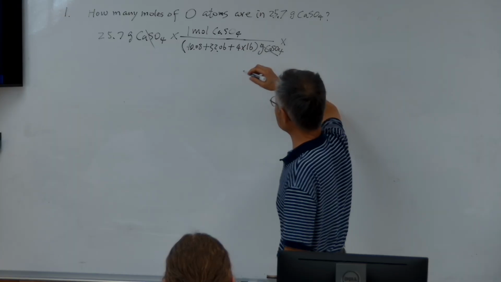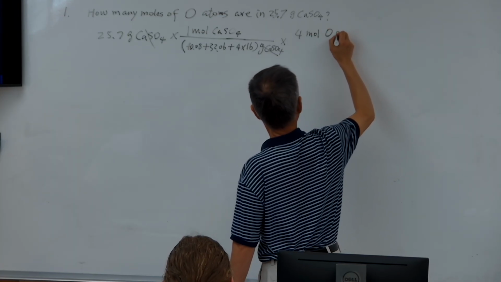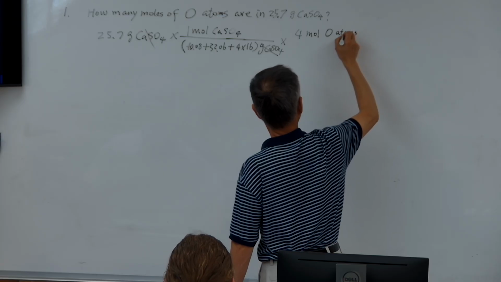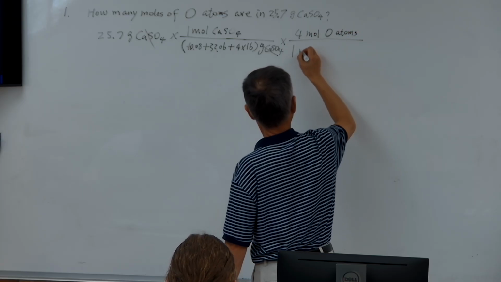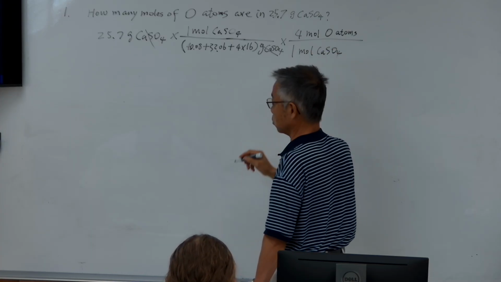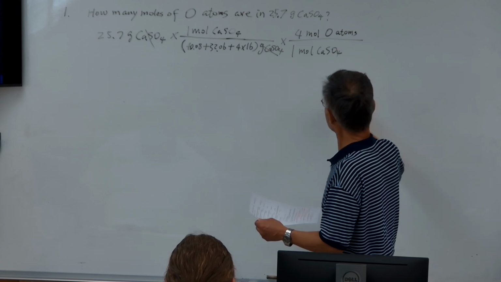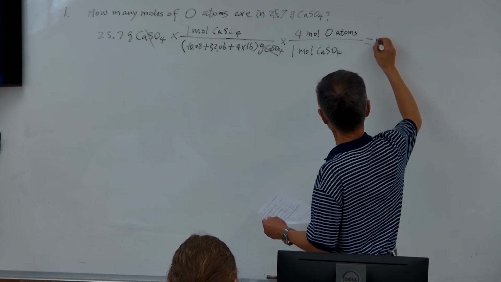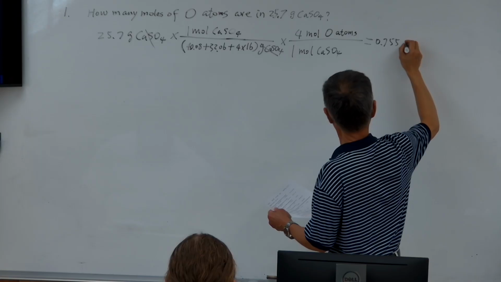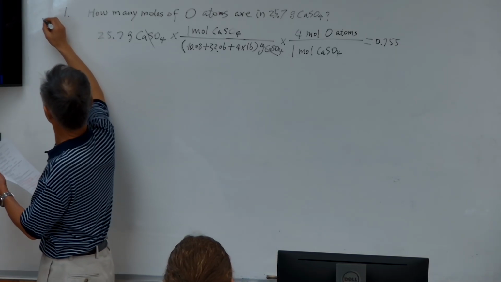So you need 1 more step, times 4, and it becomes moles of oxygen atoms. Use a calculator, you can easily get 0.755. So your choice will be B.